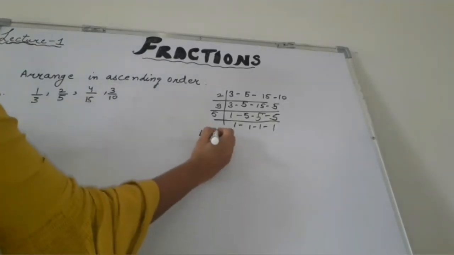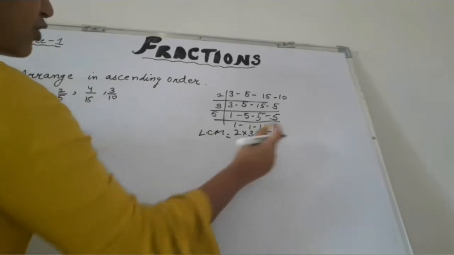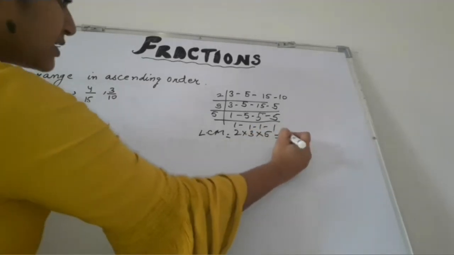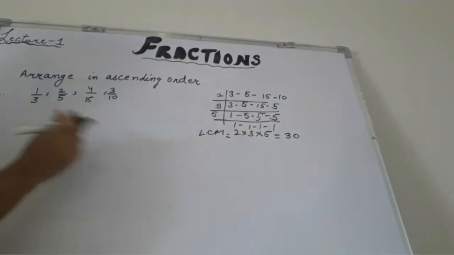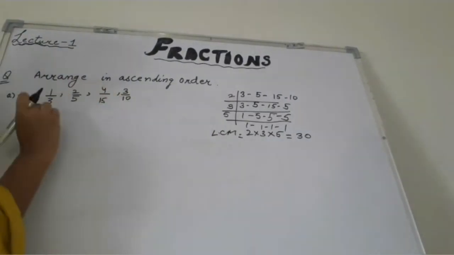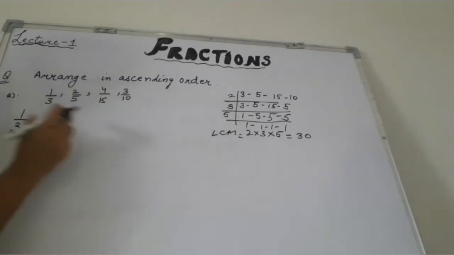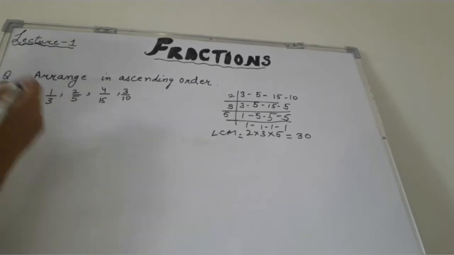So the LCM becomes 2 multiplied by 3 multiplied by 5, and I got 2 3s are 6, 6 5s are 30. Now what is my aim, why have I taken the LCM? So that I keep all my denominators the same. I have to make the denominator the same for each fraction.